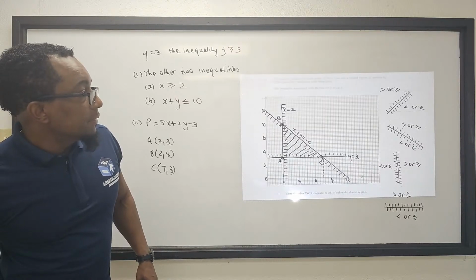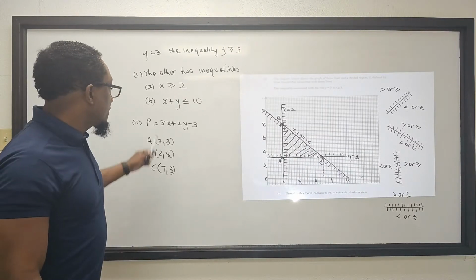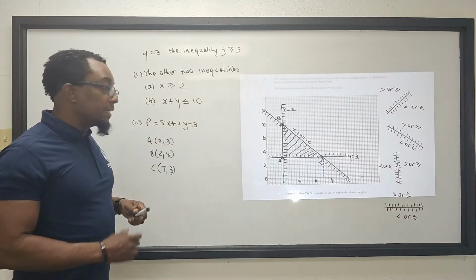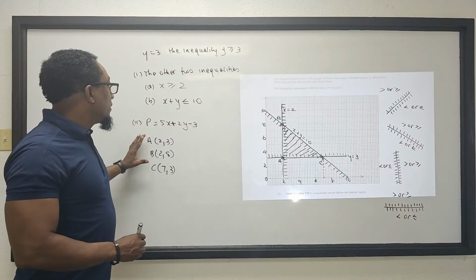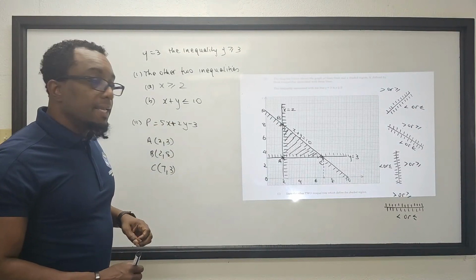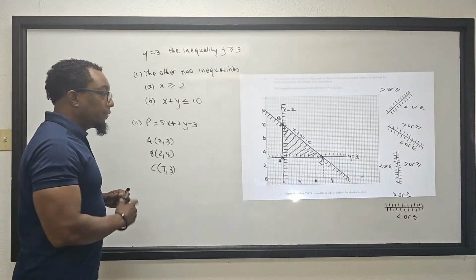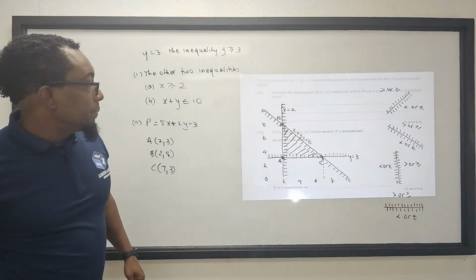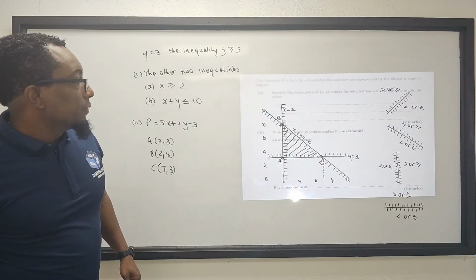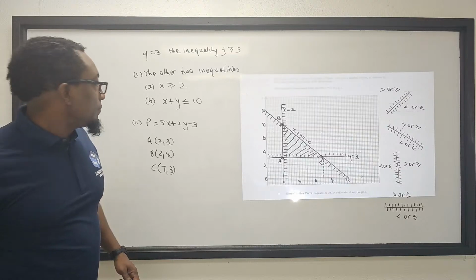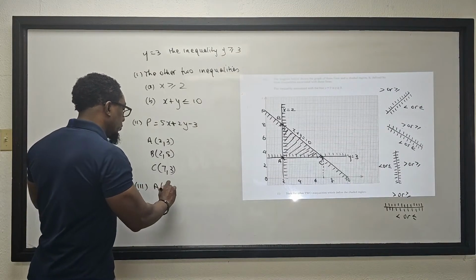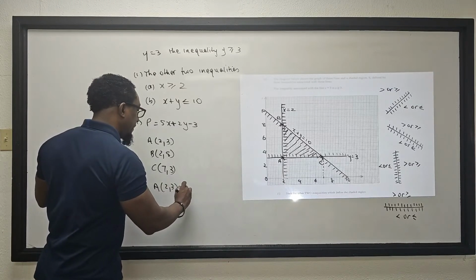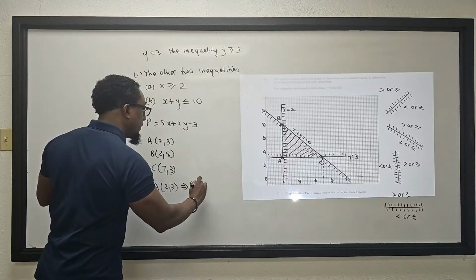To determine which of these x and y values make P a maximum, we simply substitute the x and y values into the expression they gave for P. For this part of the question, when A is 2, 3, then P will be equal to what?